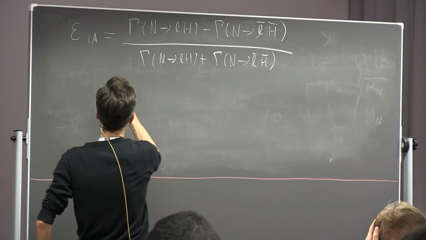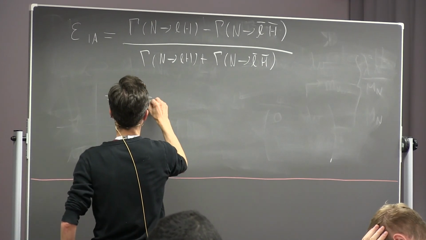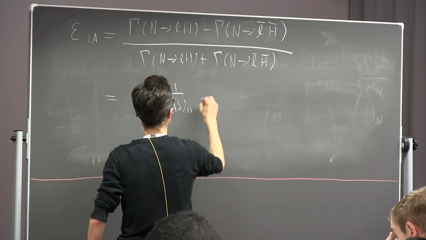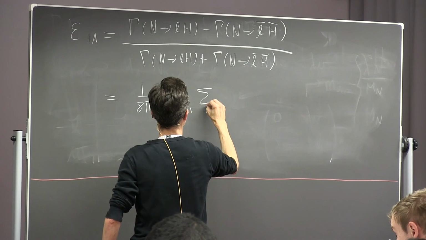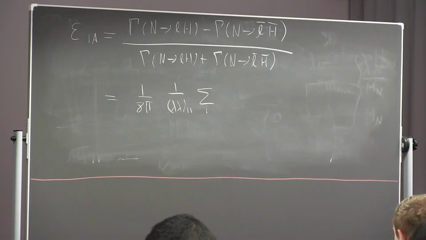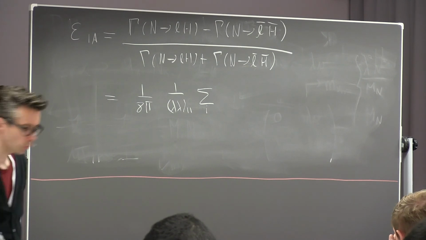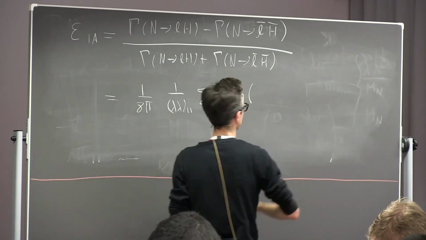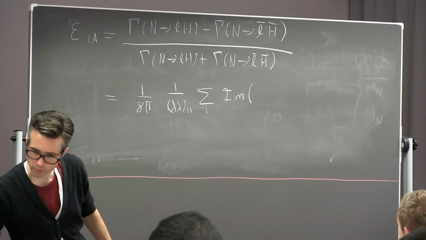And this thing goes like 1 over 8 pi, 1 over lambda lambda dagger 1 1, times a sum over i of, okay, so I'll only write one term, but it's an imaginary part that involves 4 couplings.